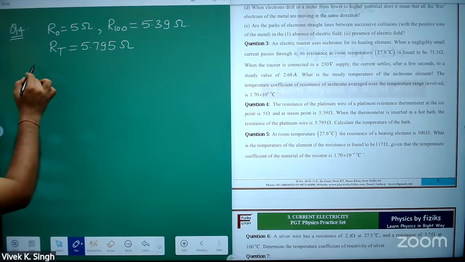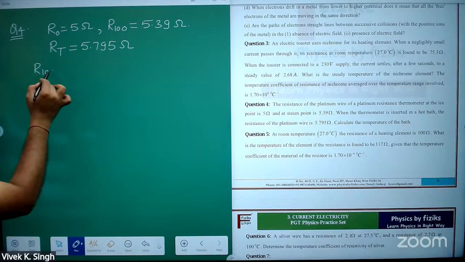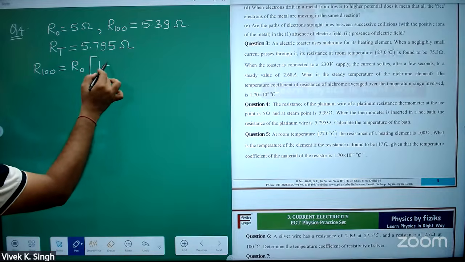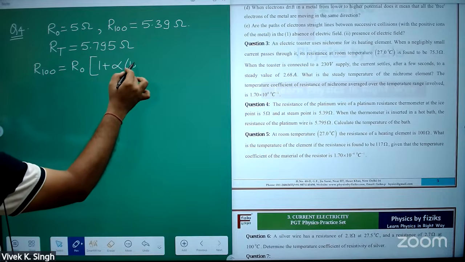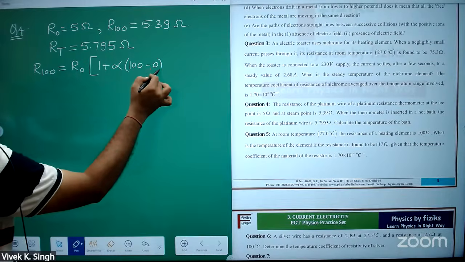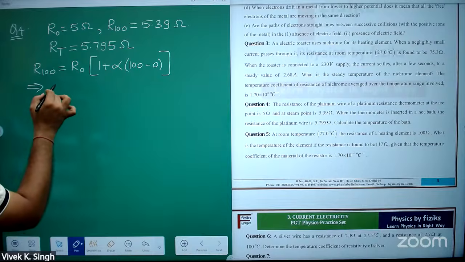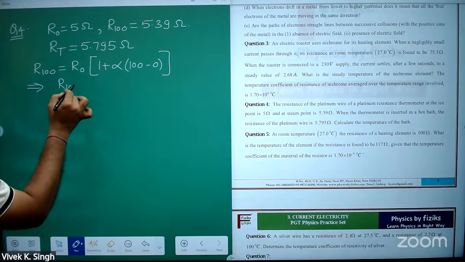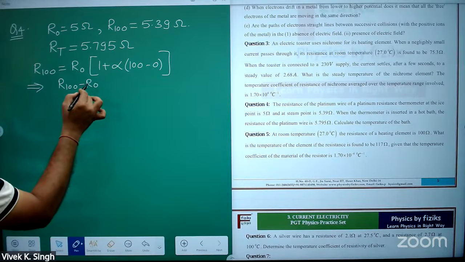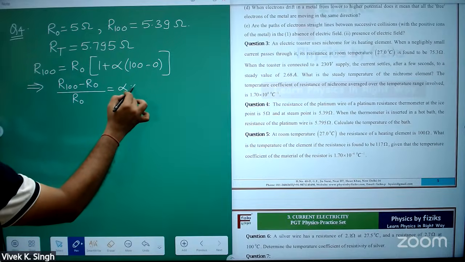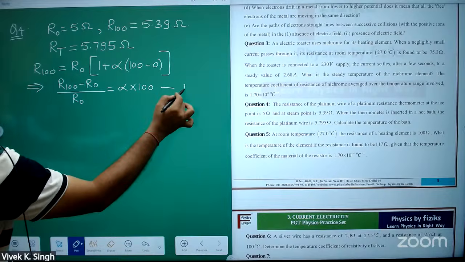So now you will see R100 is R0 into 1 plus alpha into 100 minus 0. So this will give you R100 minus R0 by R0 is equal to alpha into 100. This is equation 1.